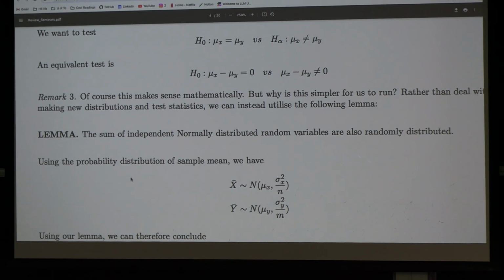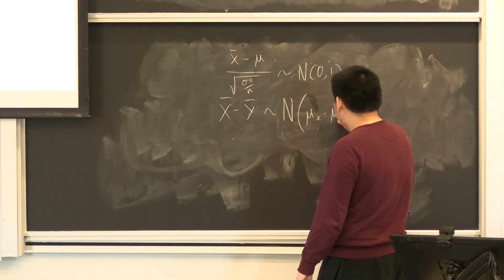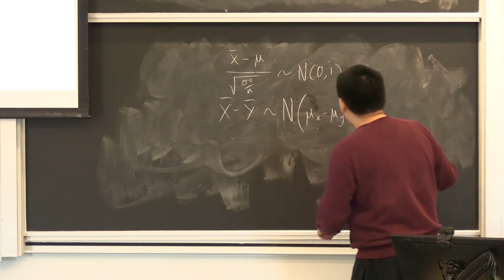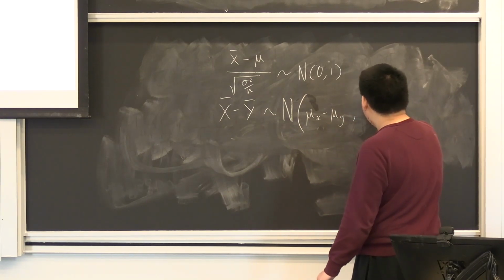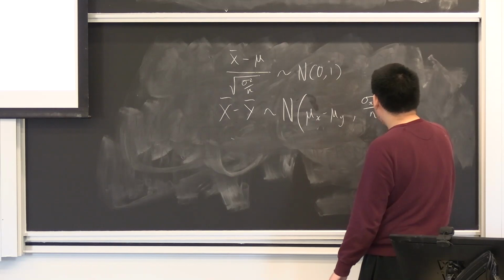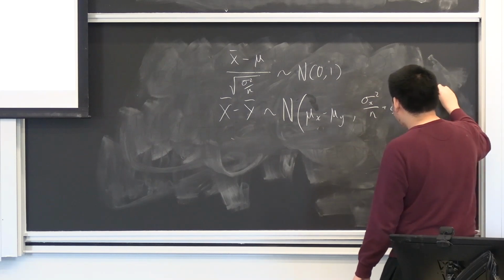And using that, we can just use the standard definitions for variance and mean. For the mean, it's a linear combination, so we can directly subtract them. Their variance is not quite linear. You have to square the coefficients, so instead of subtracting them, you would add them. You could call it plus (-1) squared, and that just cancels out to nothing, giving sigma x squared over n plus sigma y squared over m.